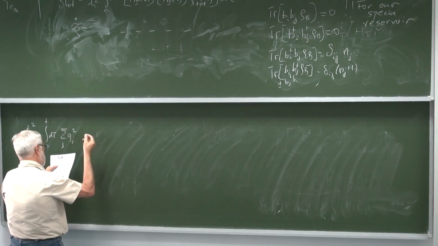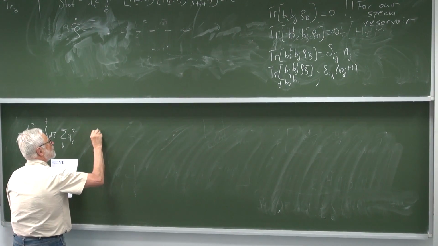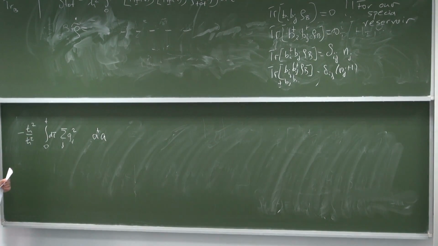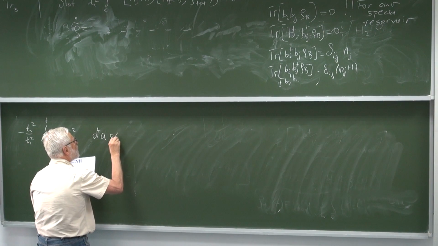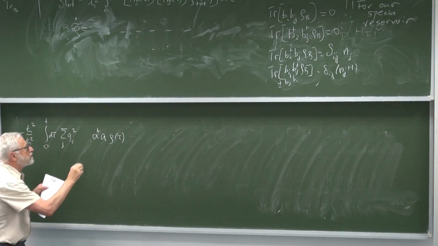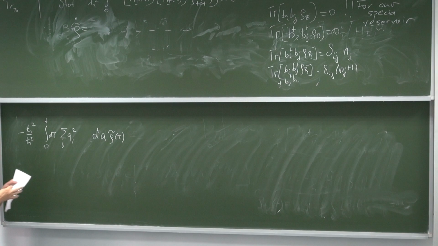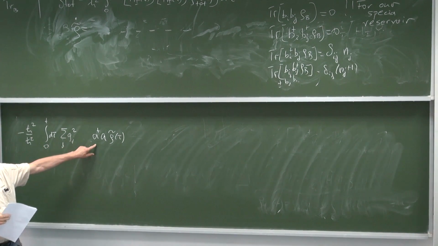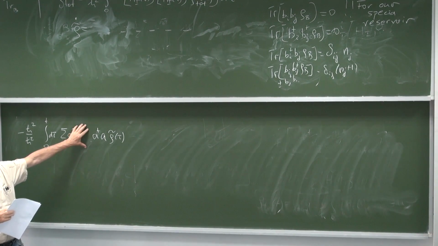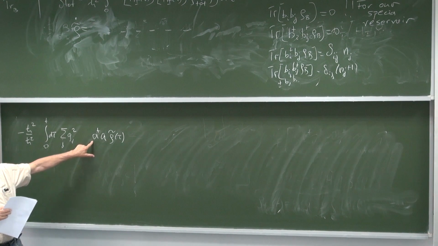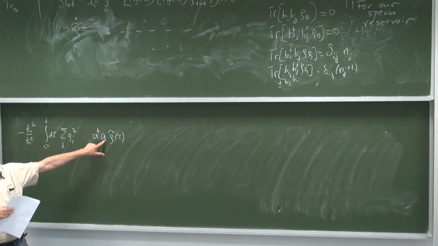Now, I want, in this particular case, to evaluate the situation like so, with a rho tilde of tau, and because this fellow is ordered normally, then what remained with the b's was anti-normally ordered. You remember, a dagger was always going with b, and a was always going with b dagger.